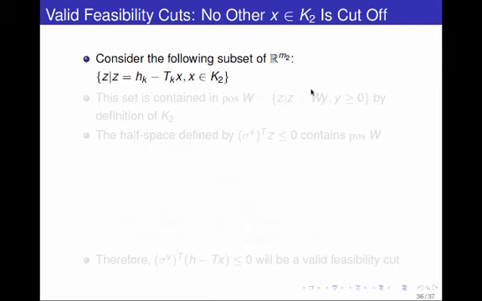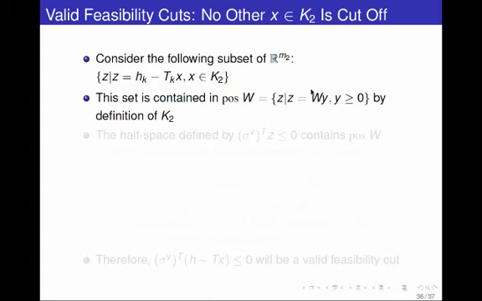What is the space I can span by adding these up with non-negative coefficients? This is called pos W. And I argue that this set here, transformed through this h minus Tx, is contained in pos W. The reason that's true is by the definition of K2, if you think about what I just told you.